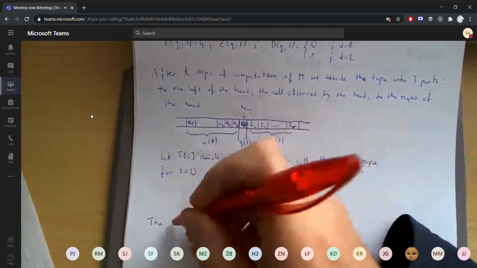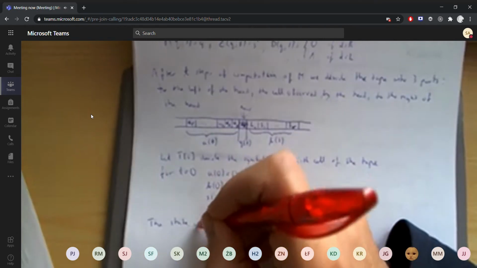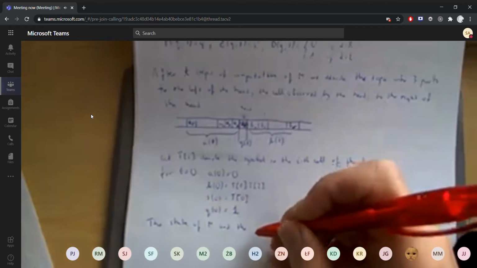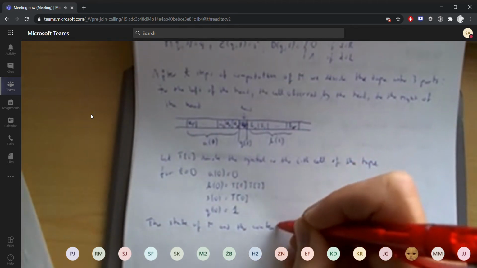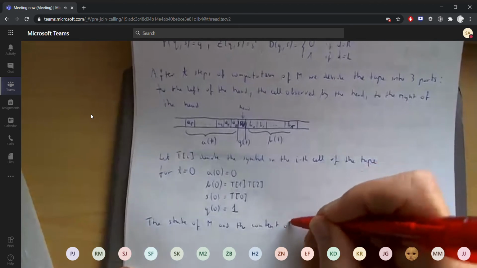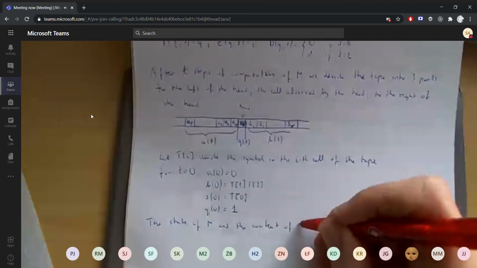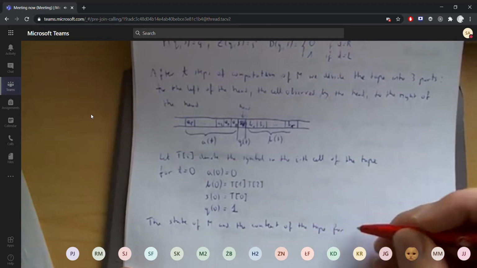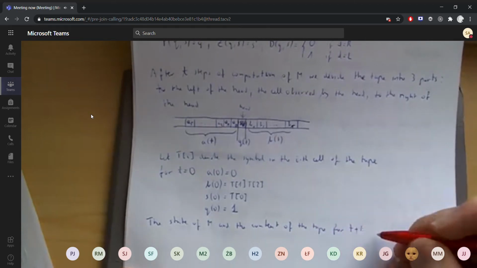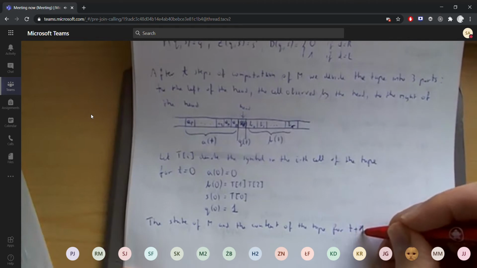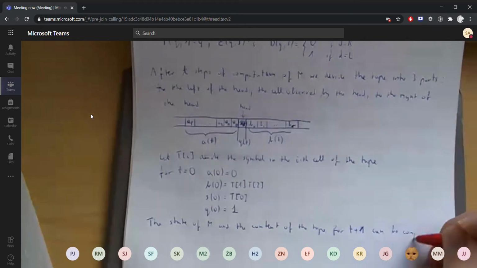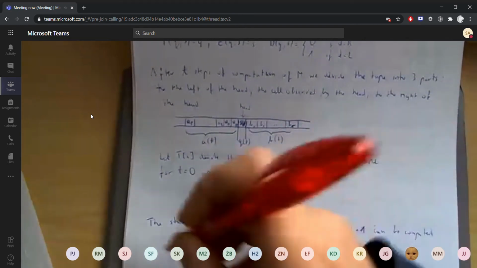Maybe I will write the state of m and the content of the tape for t plus 1 can be computed in the following way.